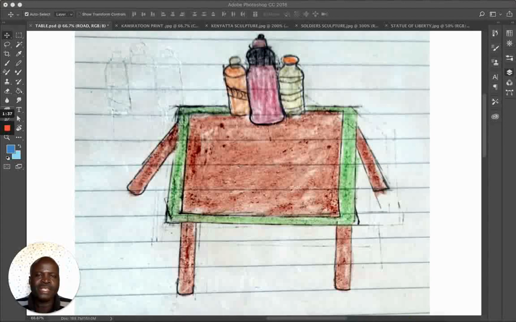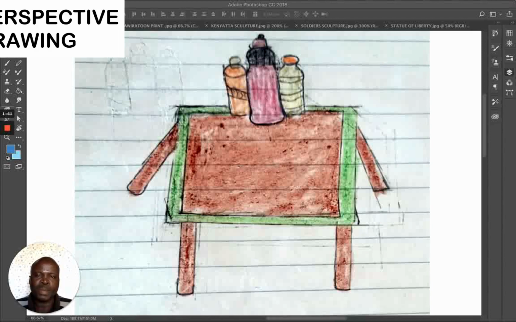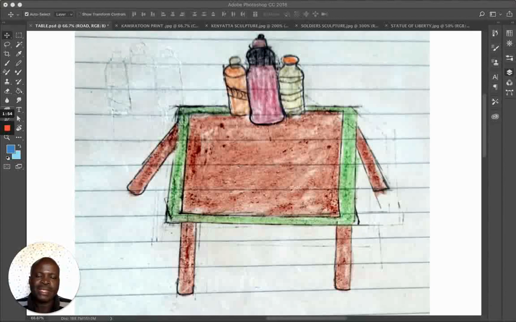Now, you achieve this by following the guidelines or the rules of perspective drawing. Perspective drawing is the portrayal or the creation of an effect of depth on a flat surface. There are some steps you follow to create the effect or the illusion of depth.